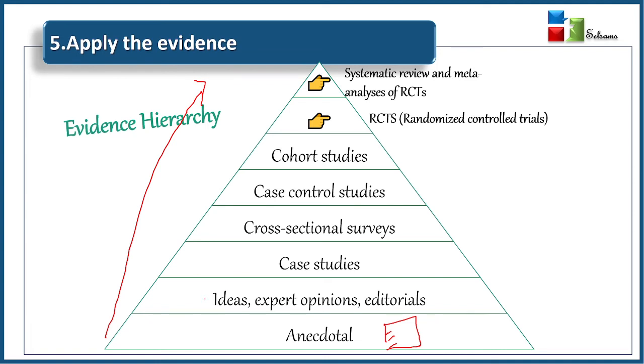And the next level is like ideas being shared by the researchers, the expert opinions of the particular field. Editorials will give you a message in this mostly in the journals. Case studies means studying about the disease of particular patient or age group. So, for example, I could say neural tube defects is a case study that I can do, and cross-sectional studies also matter.